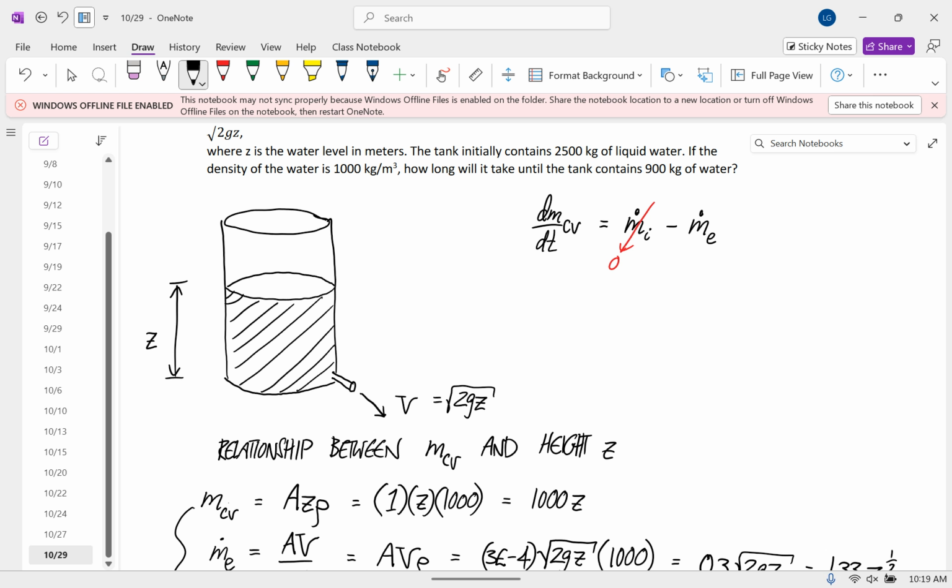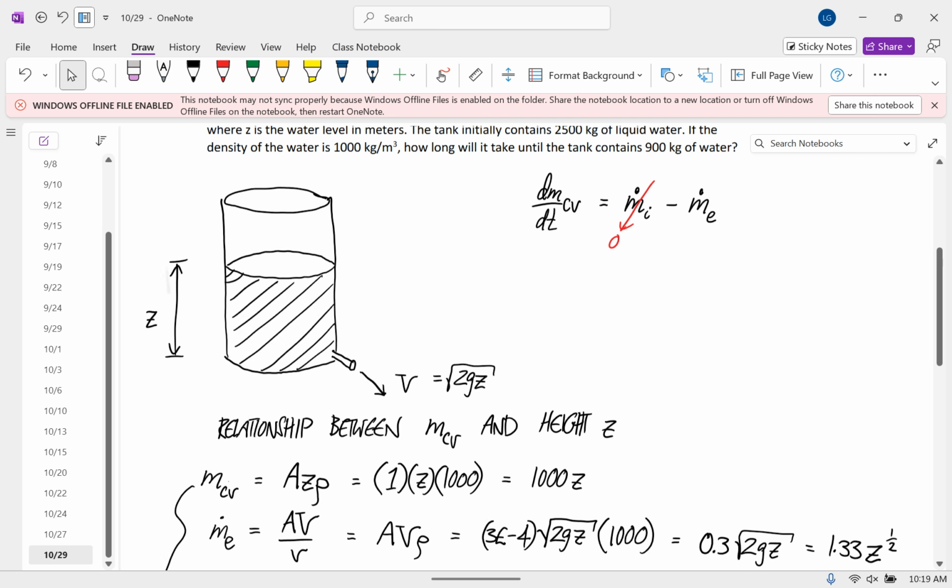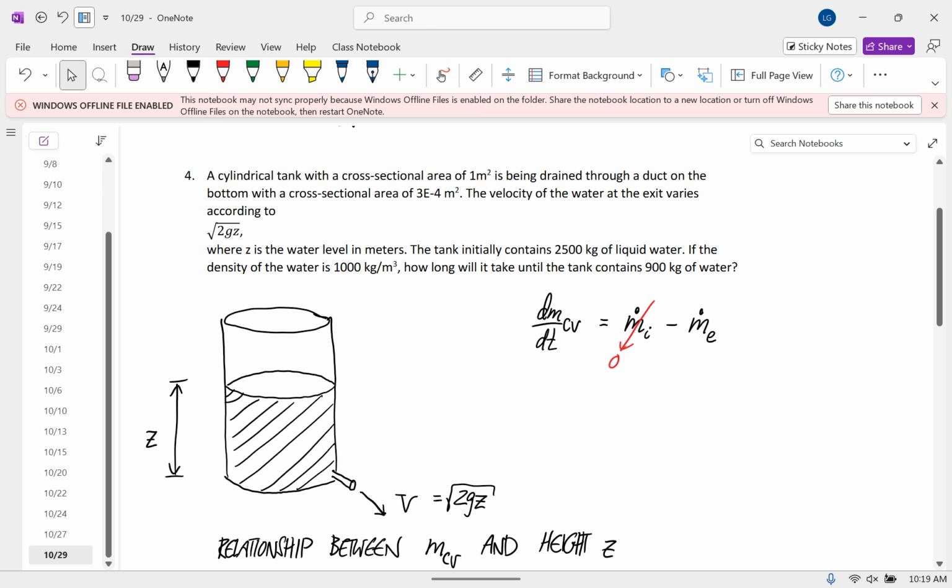And then just little by little, you can start figuring out how the things that are given relate to this. Like what were the things that I knew? Well, I sort of right away knew that I could relate the mass in the control volume to the height. And it gave me this in terms of the height. So, okay, that's good.